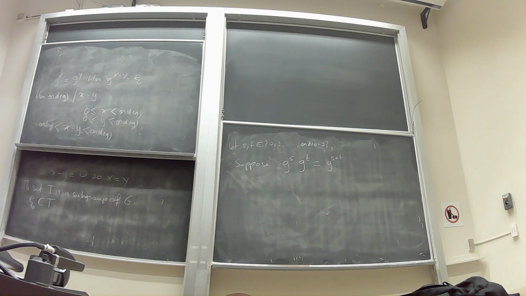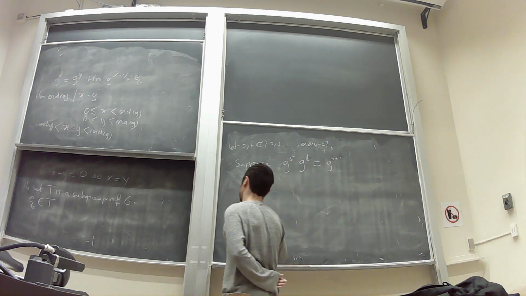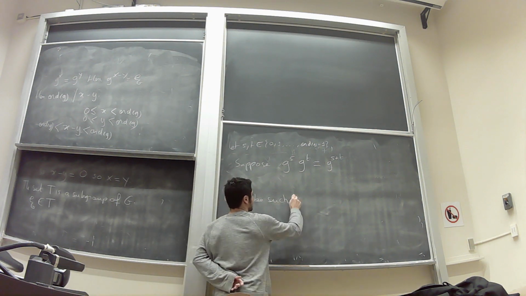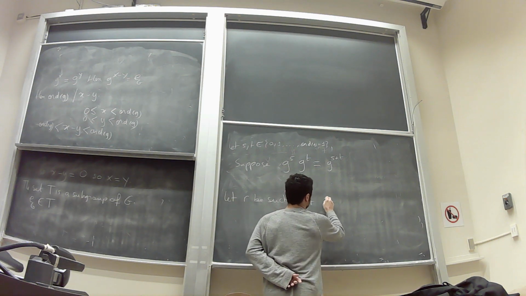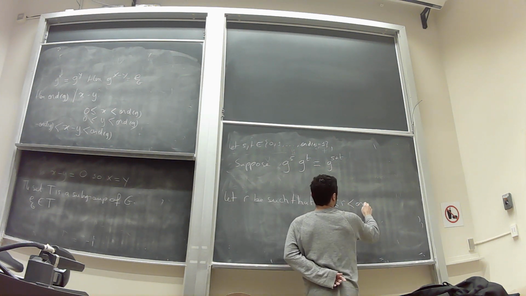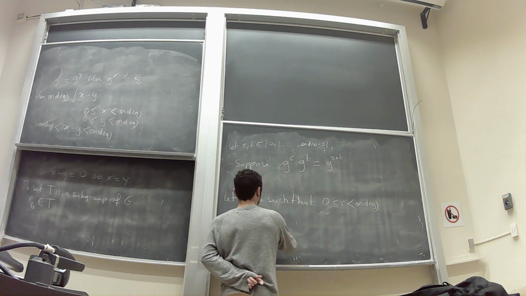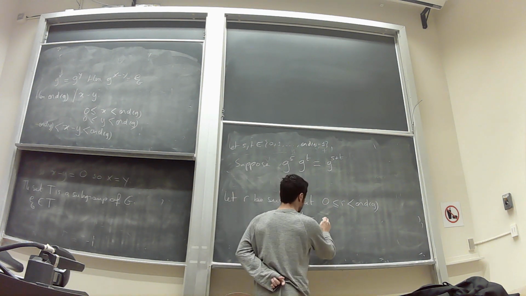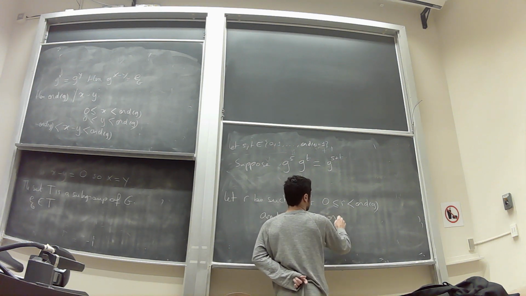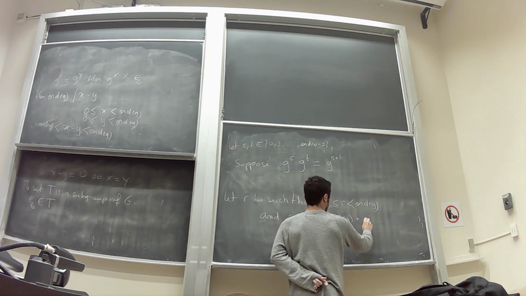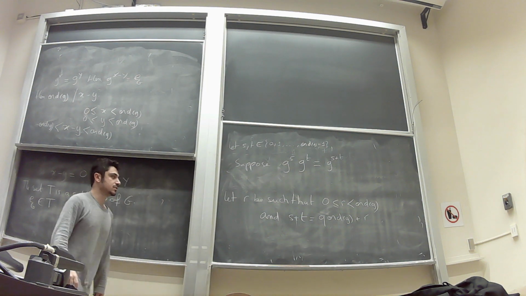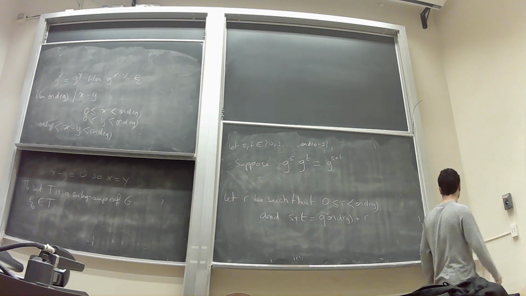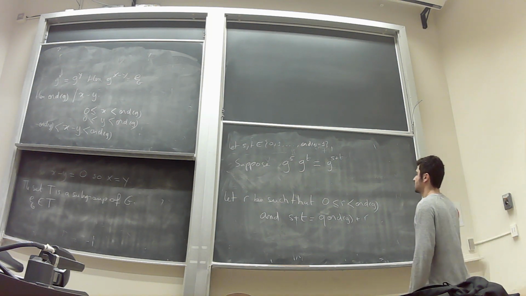Now, reduce s plus t modulo the order. So let r be such that 0 ≤ r < order of g and s plus t is equal to q times order of g plus r. Write down the Euclidean division of s plus t. Basically, we're reducing s plus t modulo the order, and you get that this is g to the r.